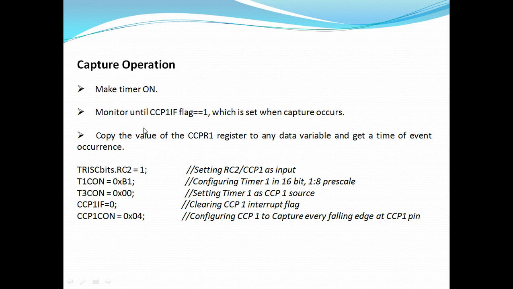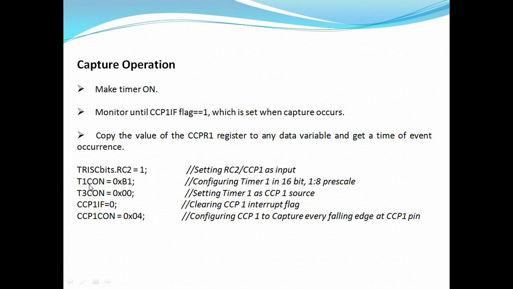After the microcontroller raises this flag to 1, the user needs to copy the value of Timer 1 or Timer 3 to the respective registers of the CCP module, to get the time of the event occurrence. Now we will see in the program what instructions we should write for enabling this capture mode.